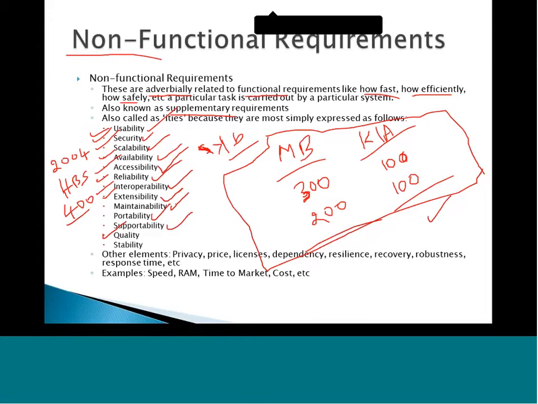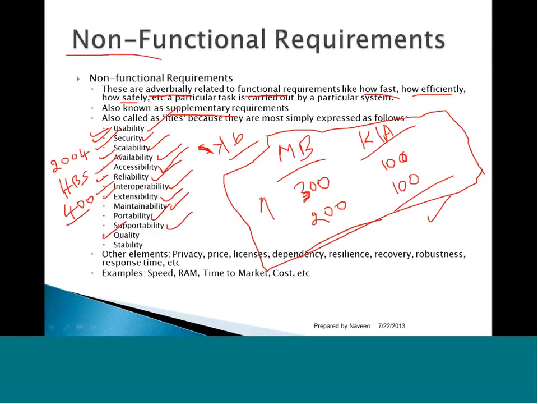From this example, Mercedes-Benz is a higher grade product. In other words, it has 100 features more than a Kia car.